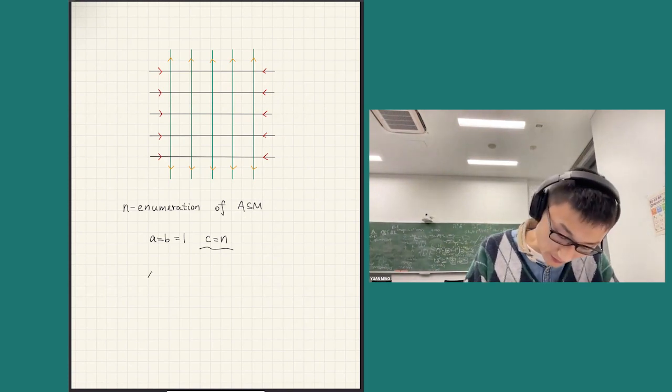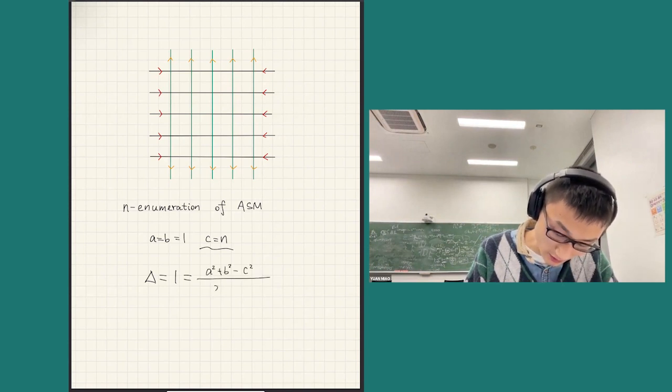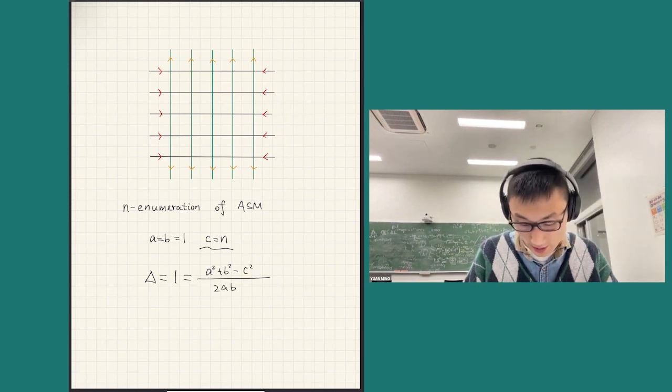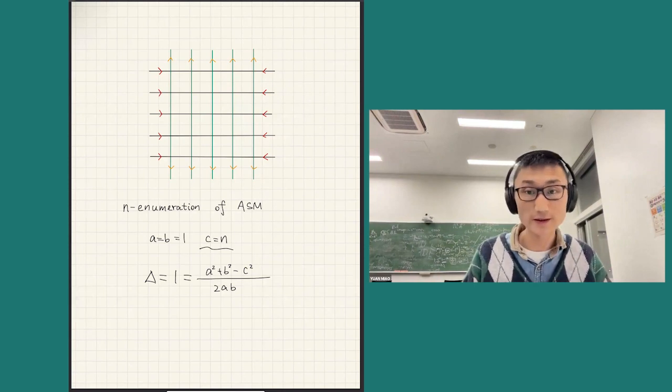Okay, and then you want delta to equal 1, where delta is (A squared plus B squared minus C squared) over 2AB. So this means that you need to choose C equals 0, apparently, right?